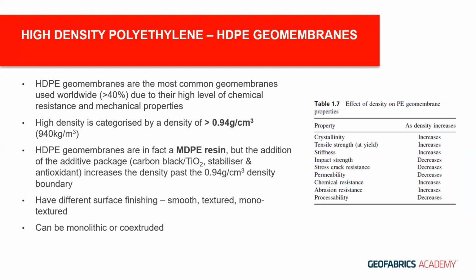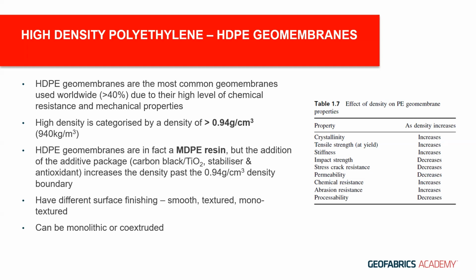HDPE geomembranes are the most common geomembranes used in the world due to their high level of chemical resistance and their mechanical properties. A high-density polyethylene is categorized by its density, with that density being greater than 0.94 grams per cubic centimeter, or 940 kilograms per cubic meter. Anything lower than this value is classified as a low-density polyethylene.